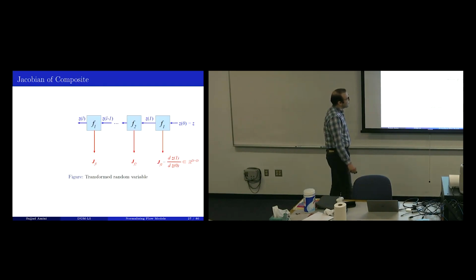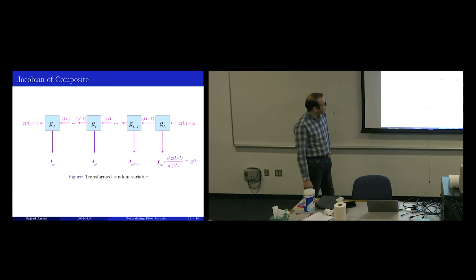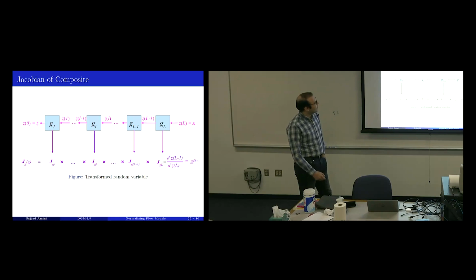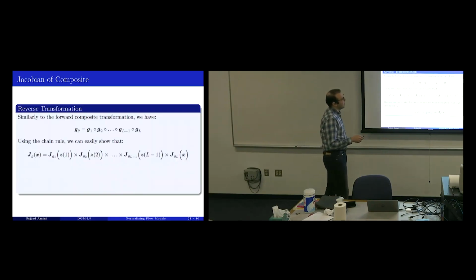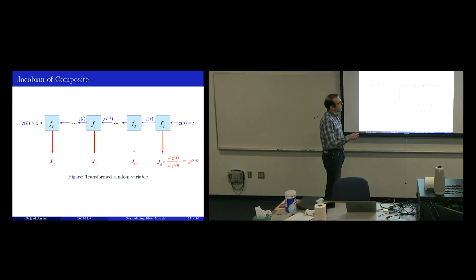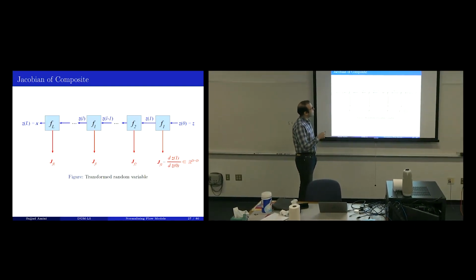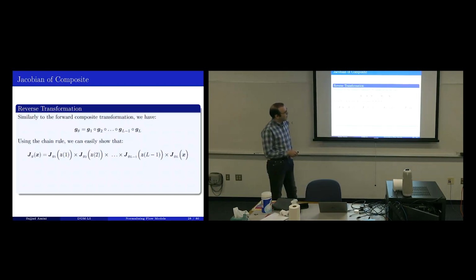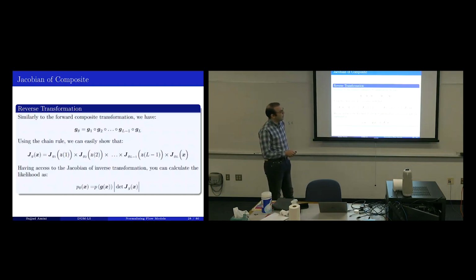Okay, this was our notation, and we saw how we can combine several invertible transformations like F1, F2 till FL, and combine them together to have a more complex invertible transformation, and we saw how we can calculate the Jacobian, because we need the Jacobian for normalizing the distribution.